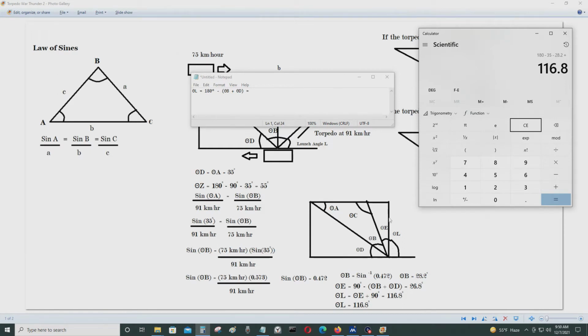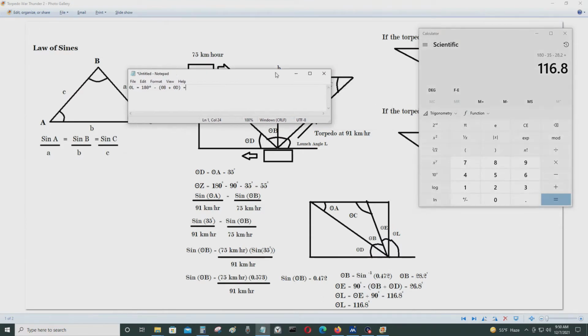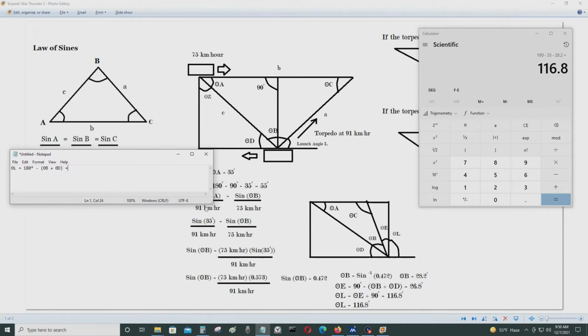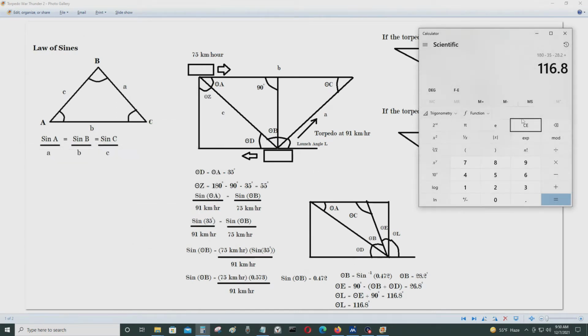Instead of, if it was just stationary, we just aim straight at it. We don't have to compensate for any angles or anything. So there's another way to solve it, but using the 180 is definitely a lot easier. We can have theta E also. So we call this, let's say, theta F. So 90 degrees.